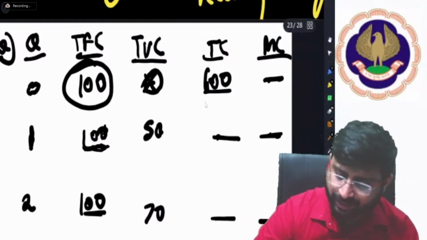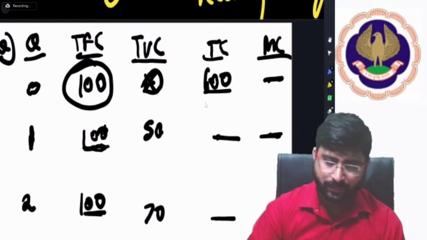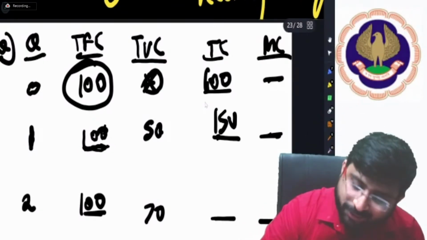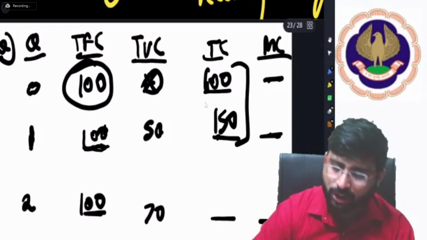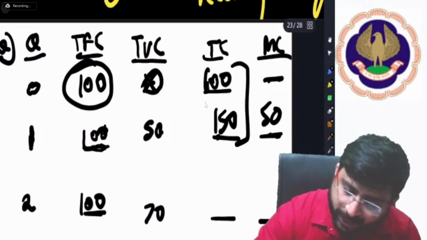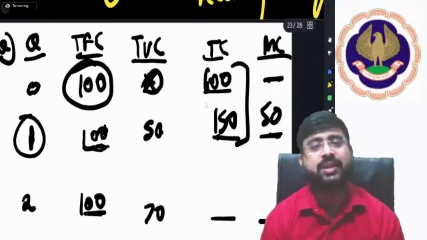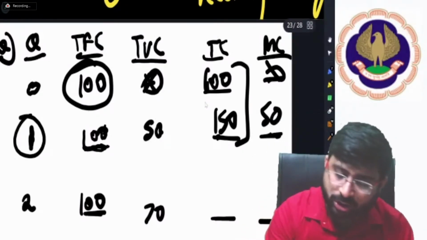Marginal cost, nothing, obviously. Now 100 and 50 together make up 150. So what is the change in total cost? It has increased by 50 rupees. So marginal cost is 50 for the first unit. Remember, there is no marginal cost at 0 level.